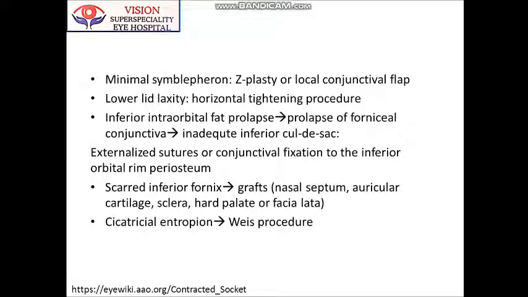If the inferior fornix is primarily scarred and the posterior lamella requires lengthening, various grafts including nasal septum, auricular cartilage, sclera, hard palate, or fascia lata can be implanted. While if there is cicatricial entropion with normal fornix depth, the Weiss procedure can be performed.